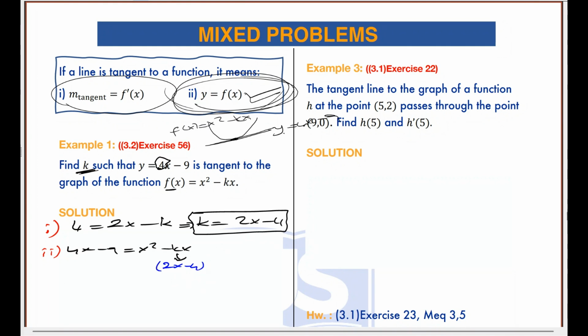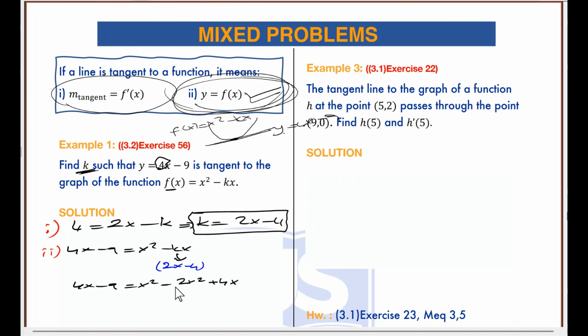Now, rewrite the equation. 4x minus 9 on the left equals x squared minus, distribute the minus to the bracket, multiply x by this bracket. So minus x times 2x is minus 2x squared, minus x times minus 4 is plus 4x.